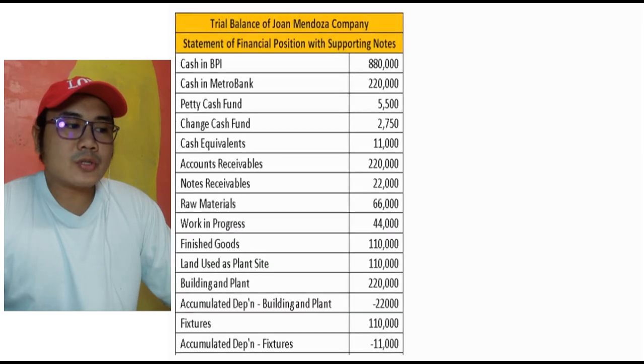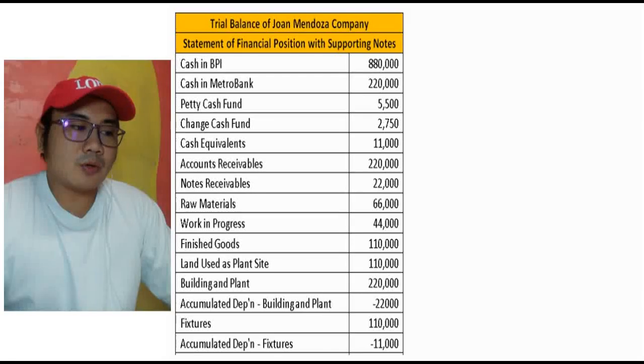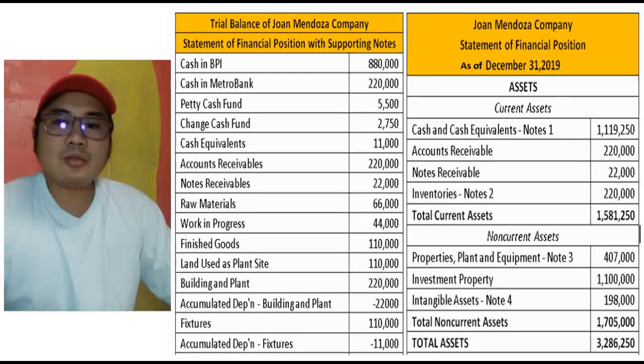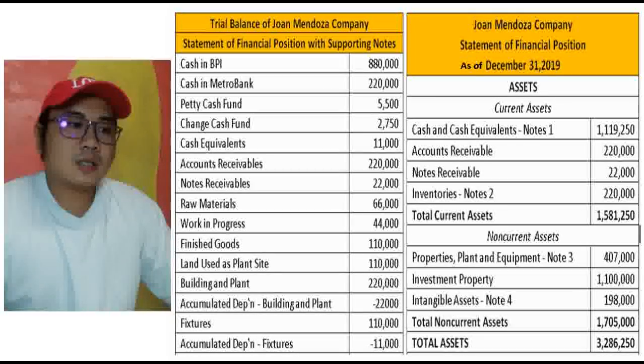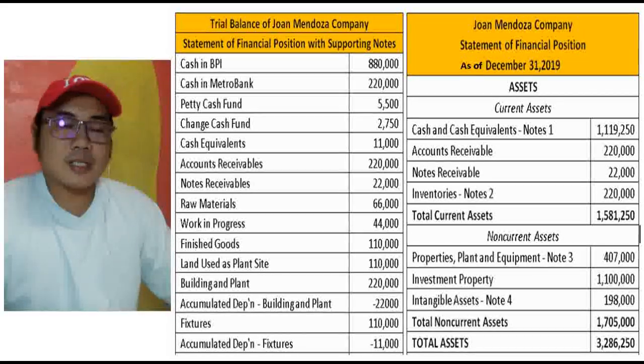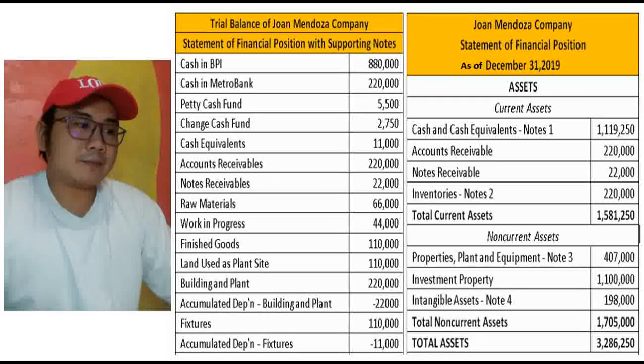After all notes are prepared, let us start writing the statement of financial position. Please take note of the following balances of our notes, from Notes 1 until Notes 5. Statement of financial position is introduced by a header containing the following: the name of the company, the name of the financial statement, and the date.